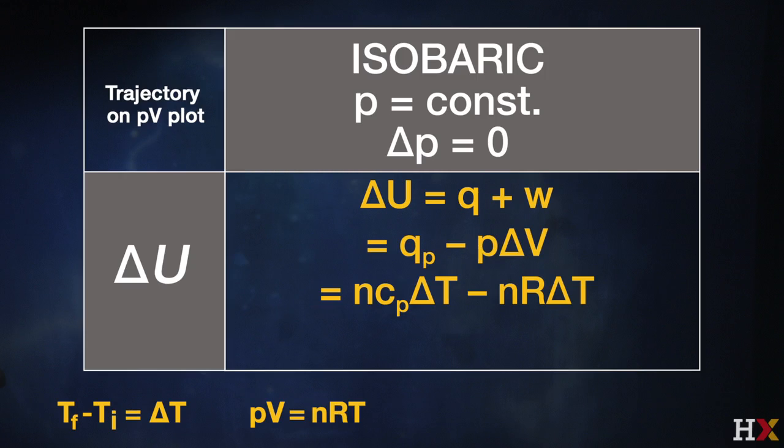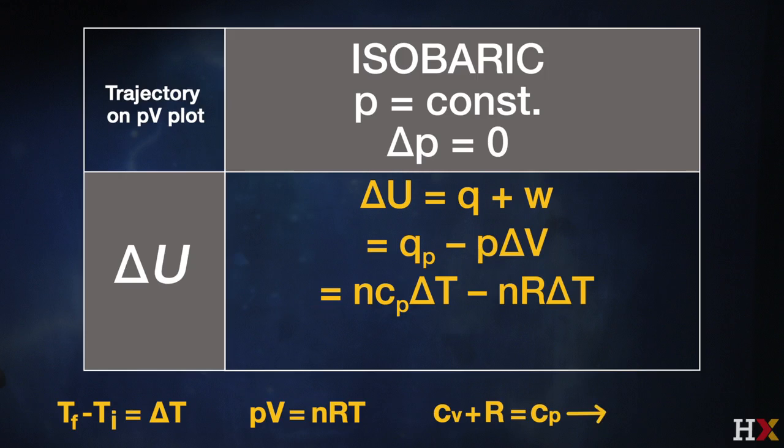Well, I can then recognize the fact that I have n C sub P delta T minus nR delta T, and I come back to the relationship I have deduced already between molar specific heat at constant volume and that at constant pressure, namely that C sub V plus R is equal to the molar specific heat at constant pressure.